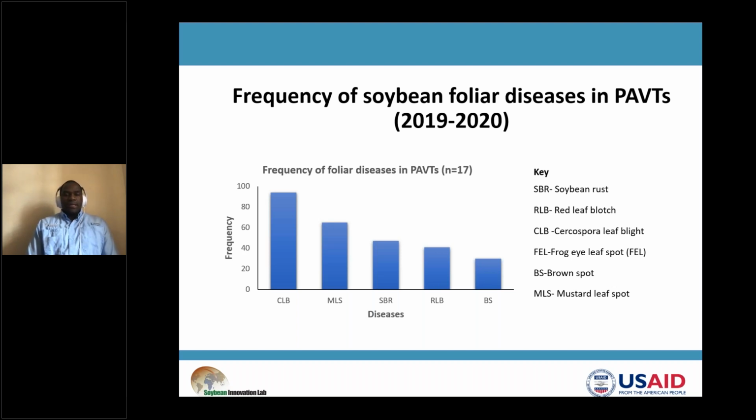Other diseases like brown spot were observed in only 2 countries. This shows us that diseases and pests are occurring in different sites, and this could be due to the environmental factors prevailing in each of the different sites. Next slide, please.